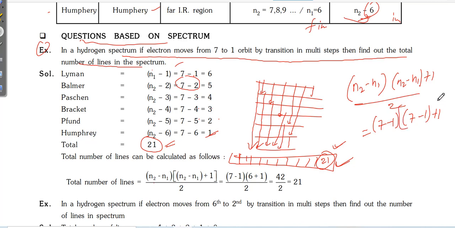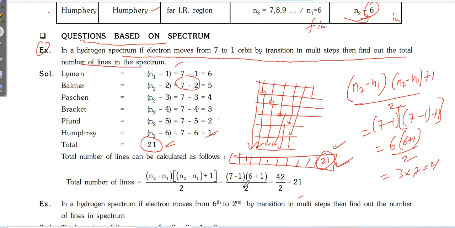Okay, this is the plus 1. So here 6 into 6 plus 1 by 2, that means 3 into 7, that is 21.